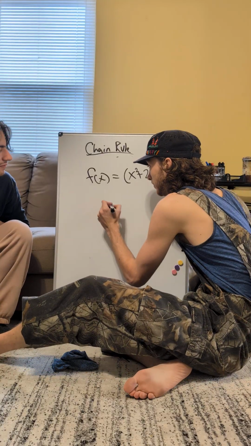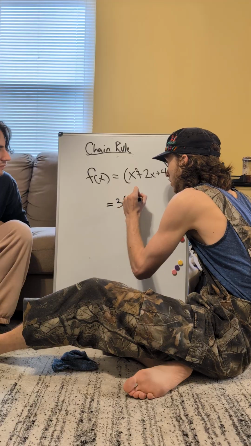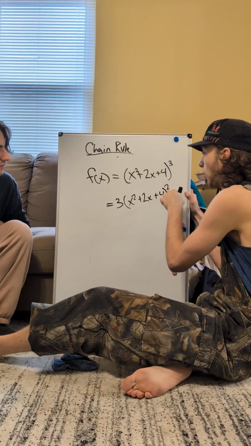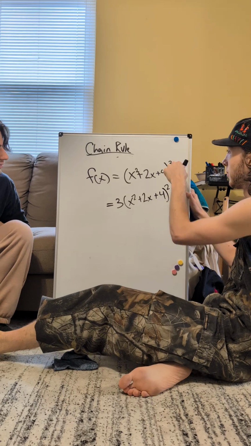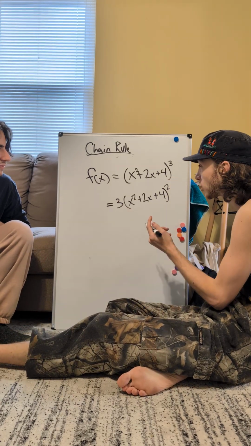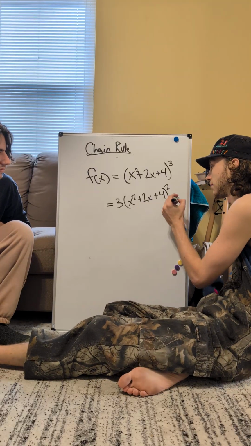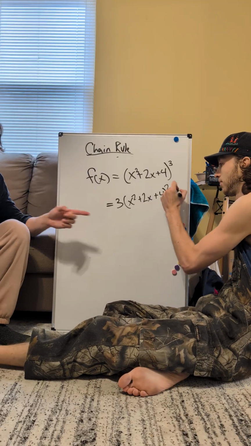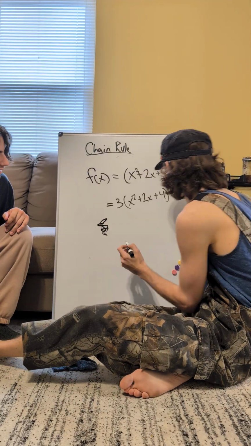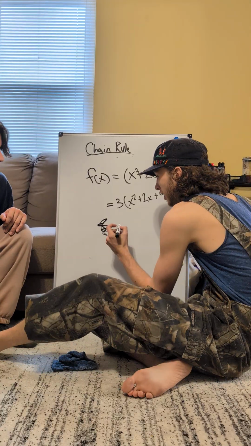That's easy. We make that something 3 squared. Power rule for everything in. Inside function, also easy. We just power rule each one of these. So I have to put that there.